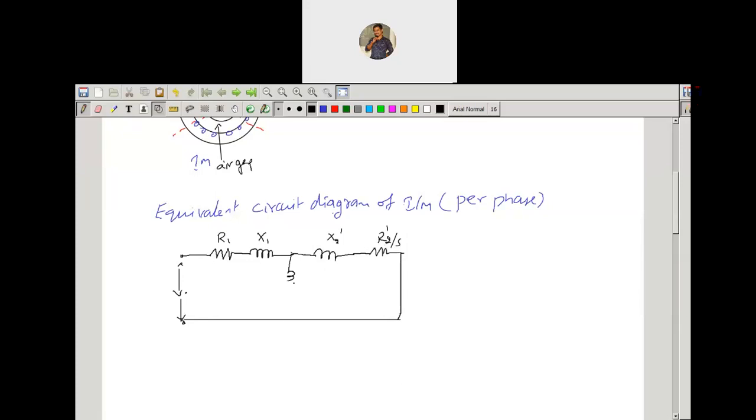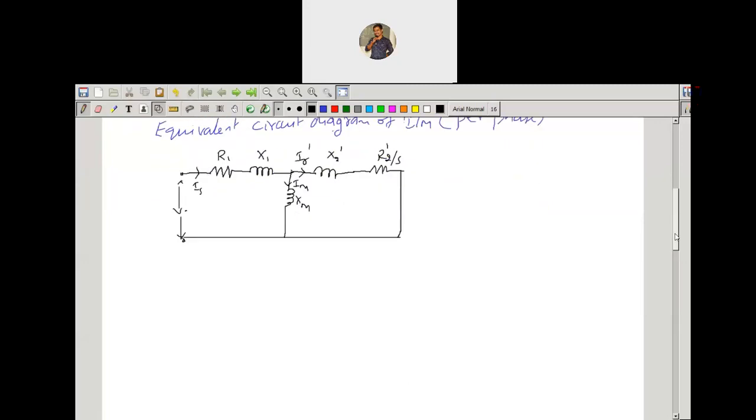So this is the equivalent circuit diagram of the induction motor per phase, referred to the stator, and this current is the stator current IS. This is the magnetization current IM. This one on the rotor side is the IR prime current.